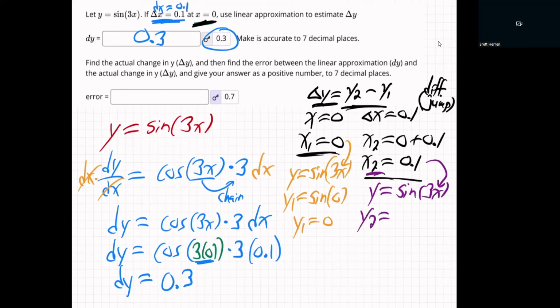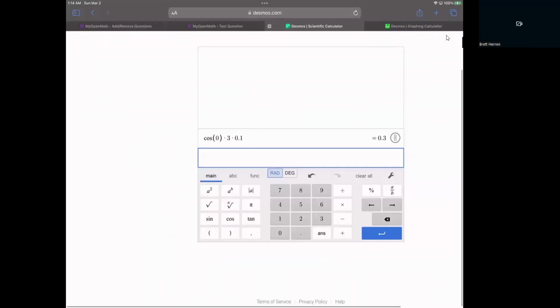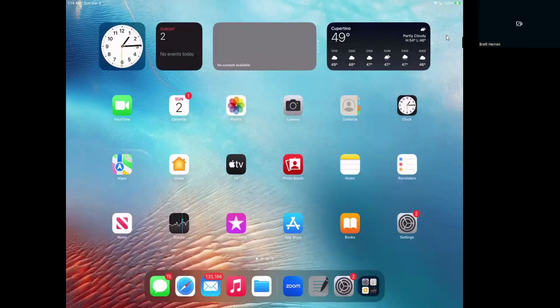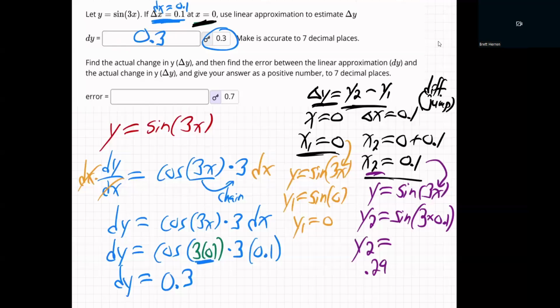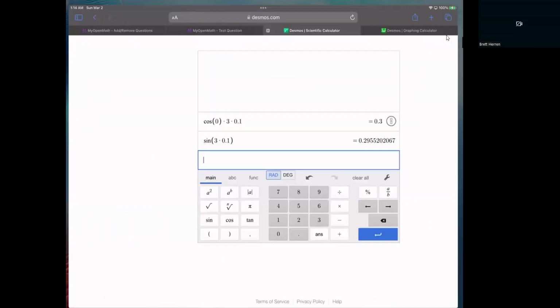So y2 is sine of 3 times 0.1. And Desmos will help me out with what that is. Sine of 3 times 0.1, here we go, 0.2955, and some other digits.